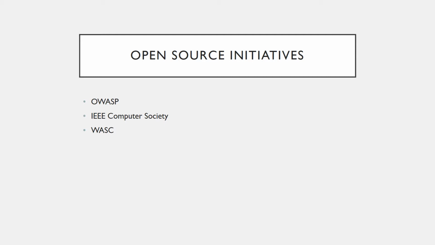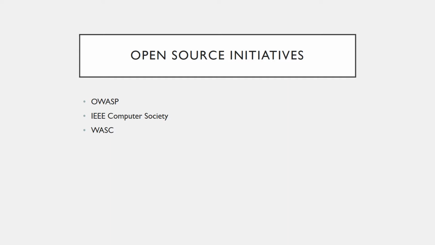Because according to OWASP, the most effective approaches to application security include improvements in all of these areas. They have quite a few chapters all throughout the European Union and all throughout the world, which is another advantage of open source, that you can have a wide community.